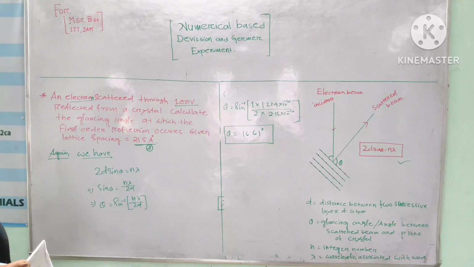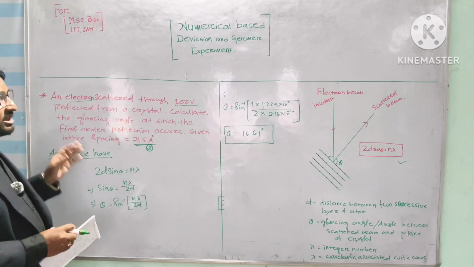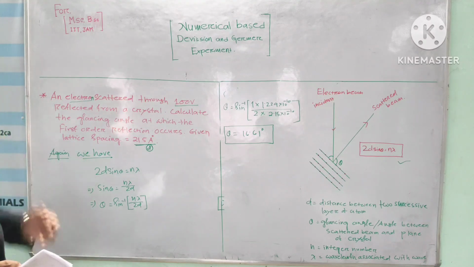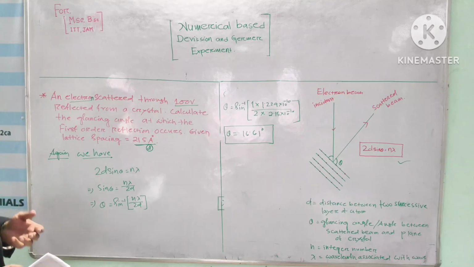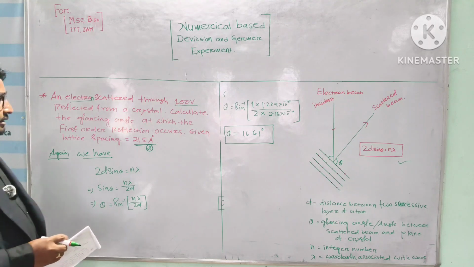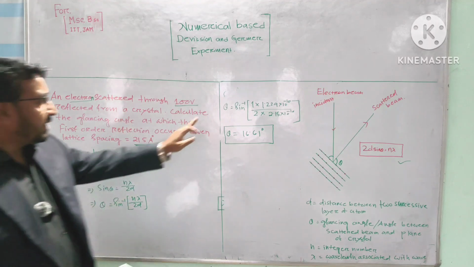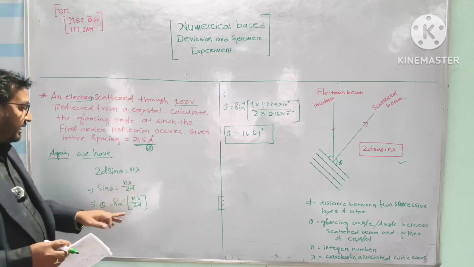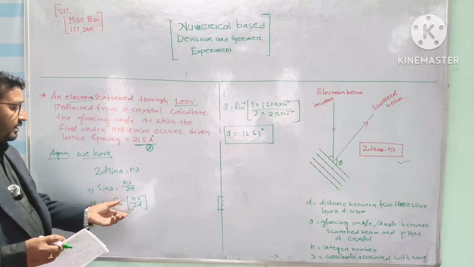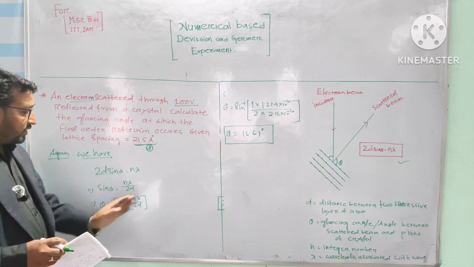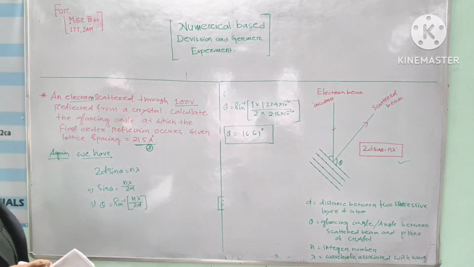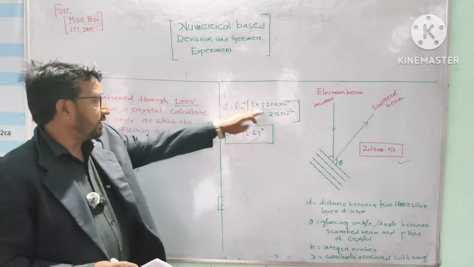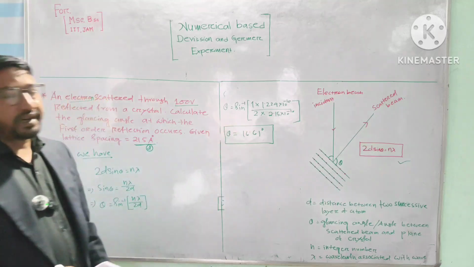First of all we are going to find out lambda equals h by under root of 2mqV. This is called the de Broglie wavelength in terms of the voltage. And secondly, from Bragg's equation, 2d sin theta equals n lambda, and sin theta equals n lambda divided by 2d, and theta equals sin inverse of n lambda divided by 2d. When all the values are substituted in this equation, we will get theta equals 16.61 degree.